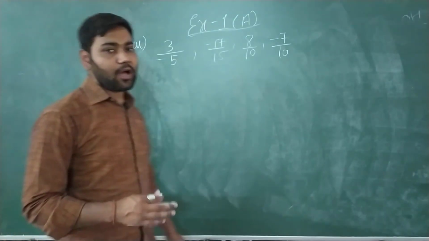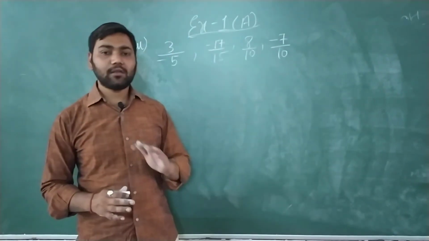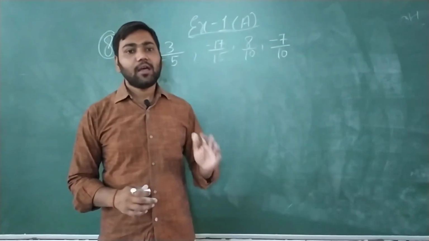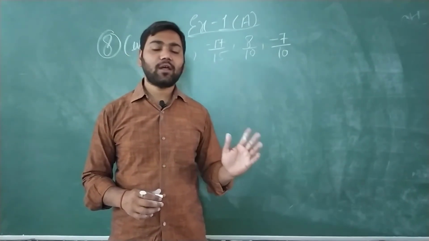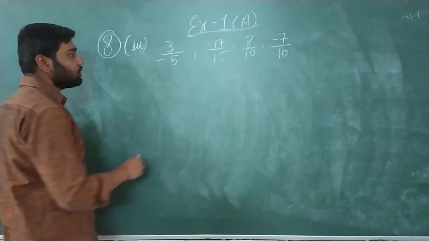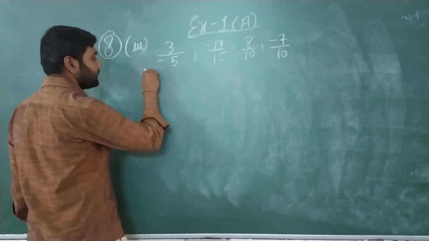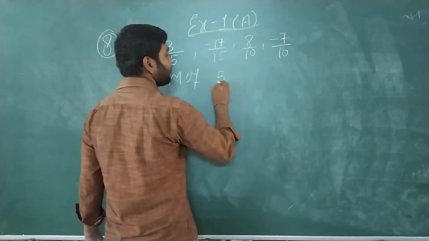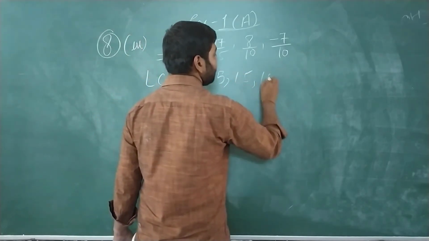So what will we do? I have told you that to solve any fractions, first of all we take the LCM and convert the fractions into like fractions. So we will take the LCM of the denominators 5, 15, 10.